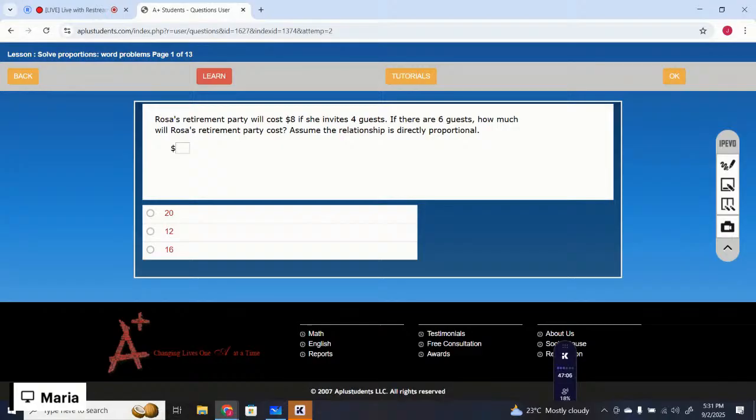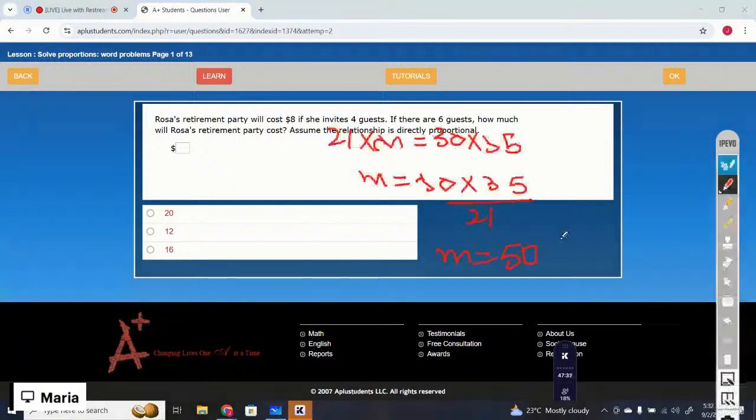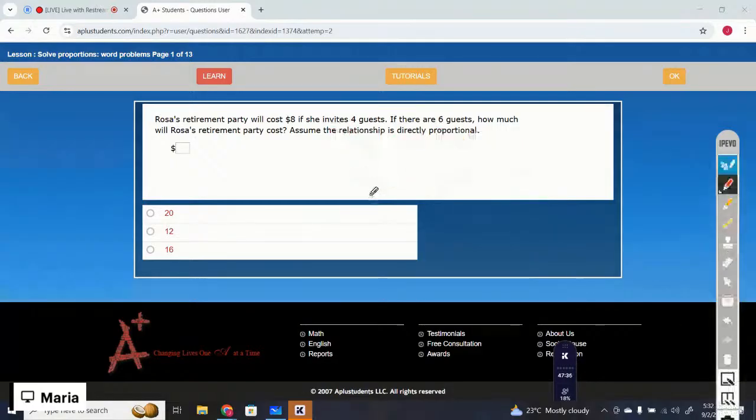If there are 6 guests, how much will Rosa's party cost? The cost is $8 for 4 guests.